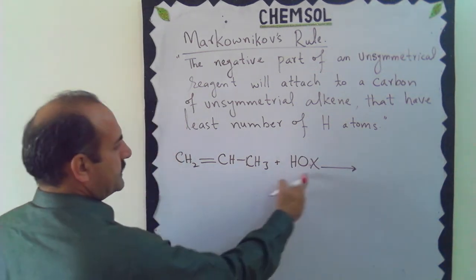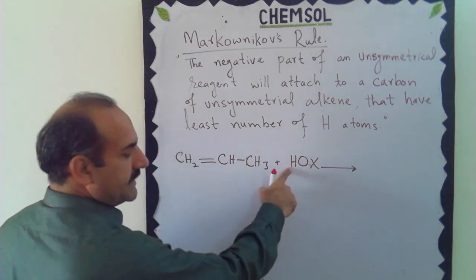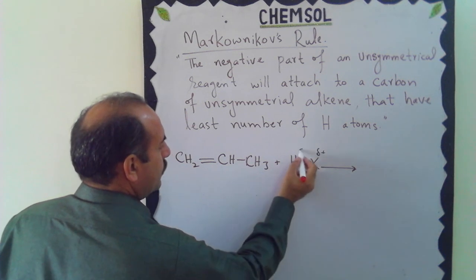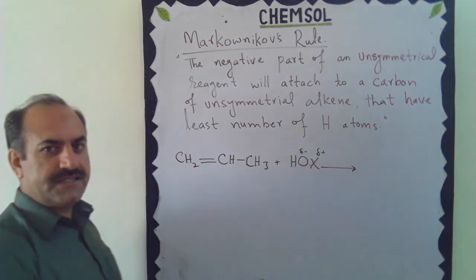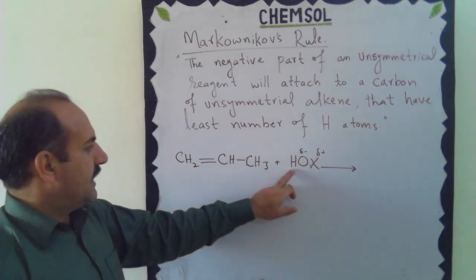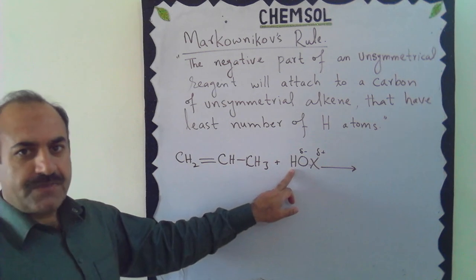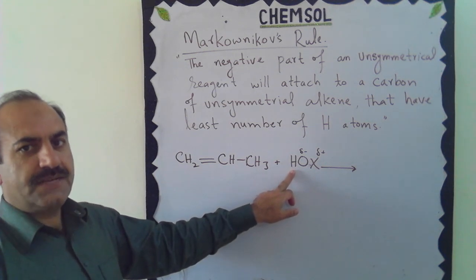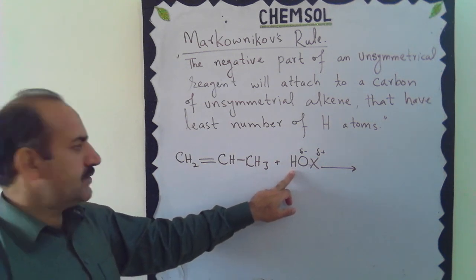Remember that in this kind of hypohalous acid, the X is positive while the OH has negative charge. The hydroxide ion will attach on the carbon which carries fewer hydrogens.